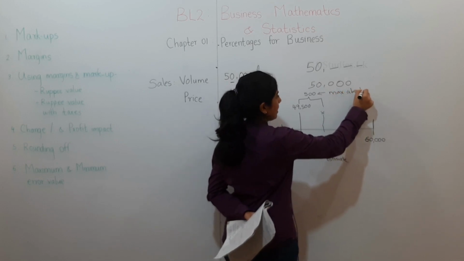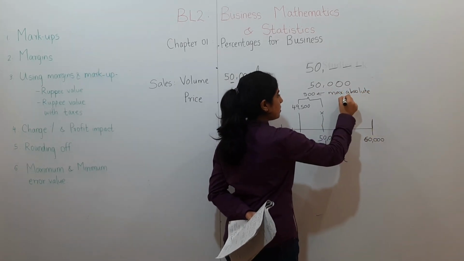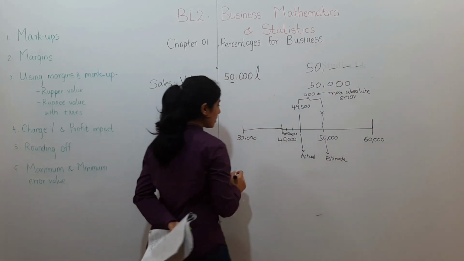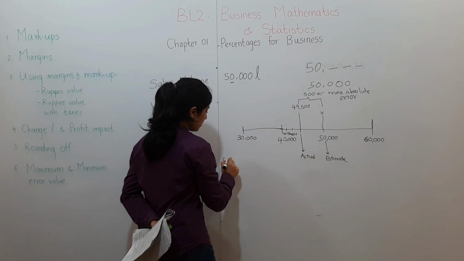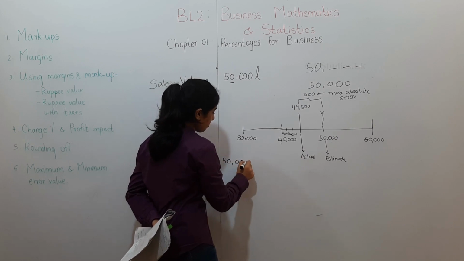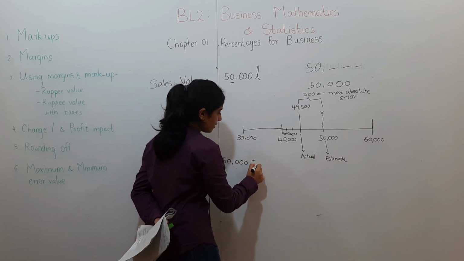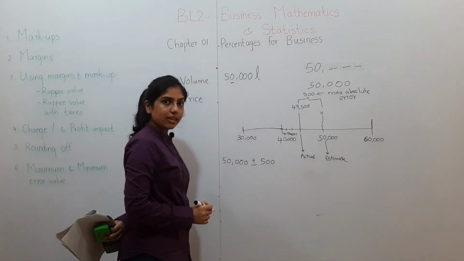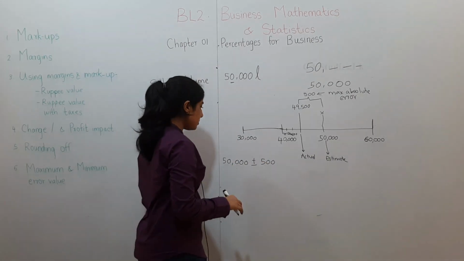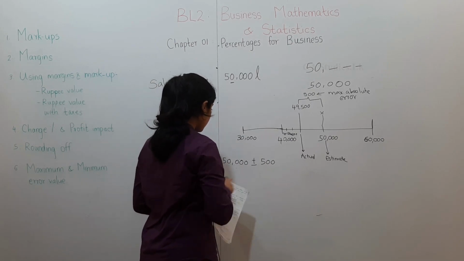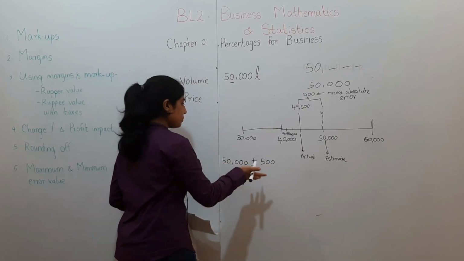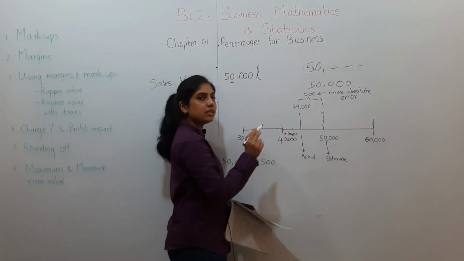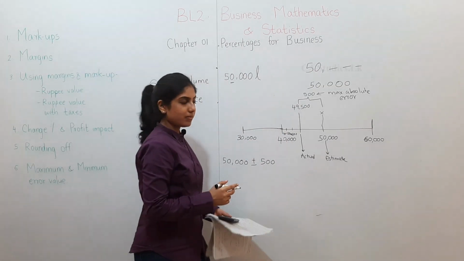Then how do we express it in rupee terms? We express it as 50,000 plus or minus 500. Okay. In percentage terms, we take how? The relative. So in percentage terms, this part will be known as maximum relative error.